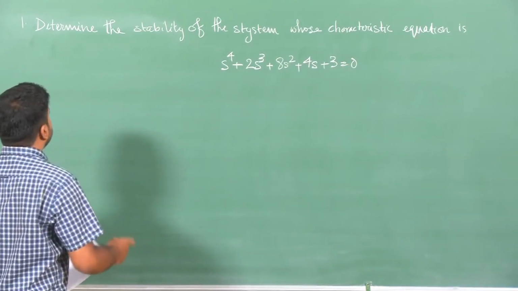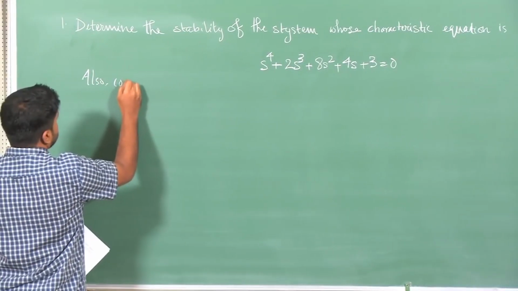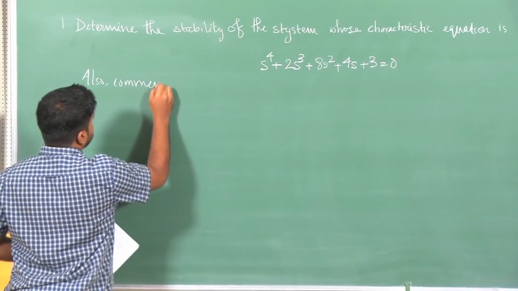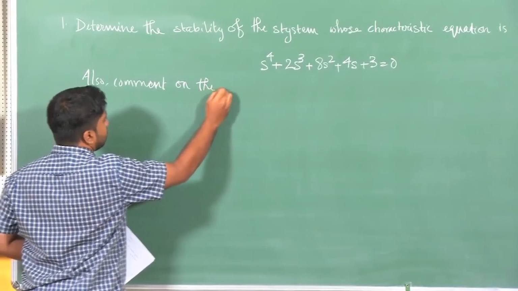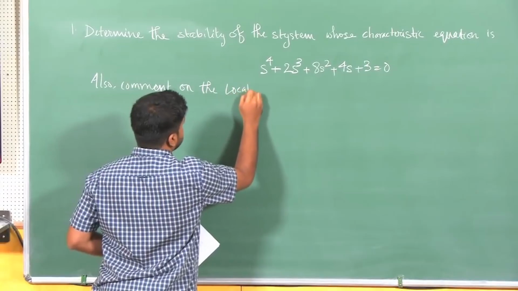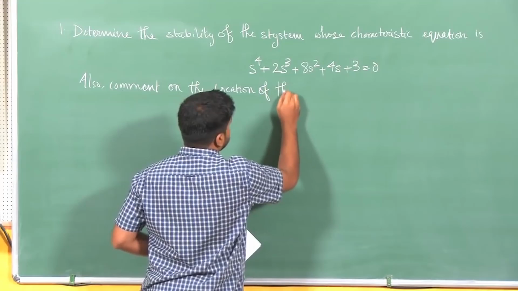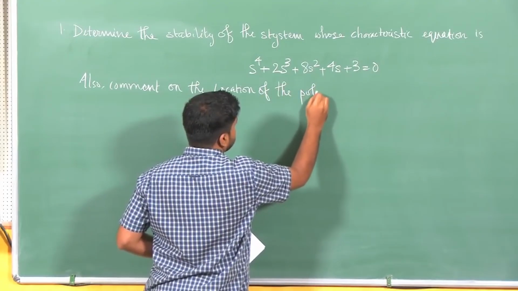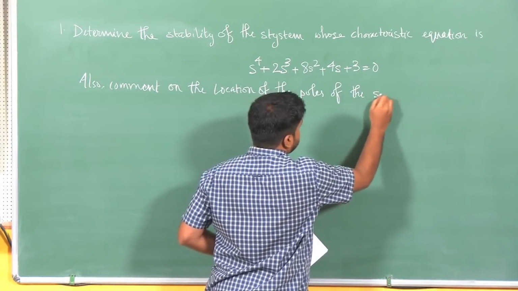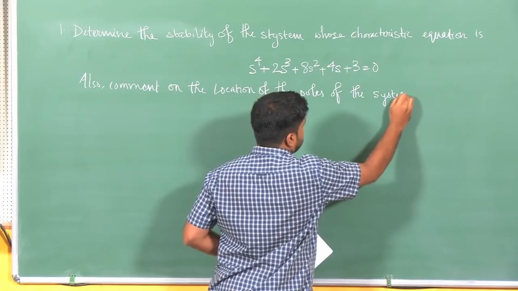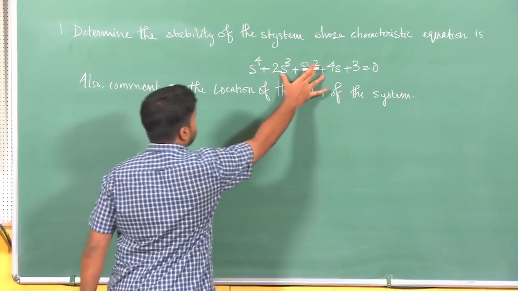Also comment on the location of the roots of the system, the poles of the system. Okay. So, this is our characteristic equation.